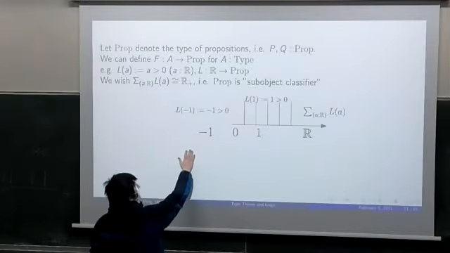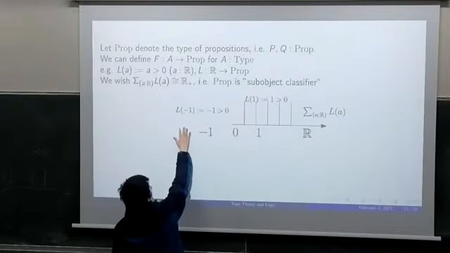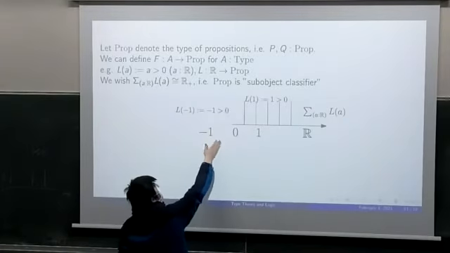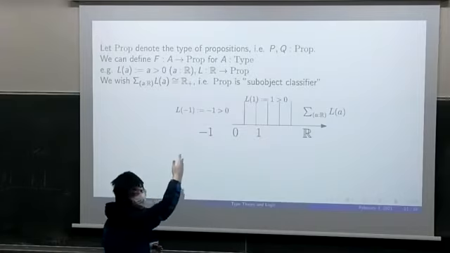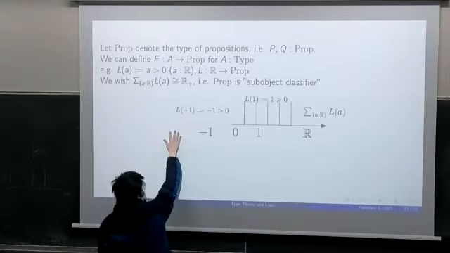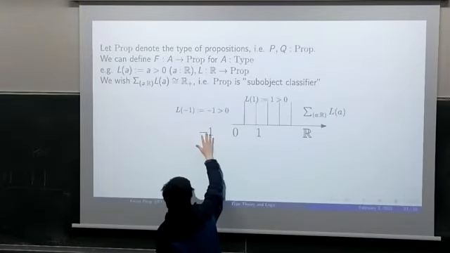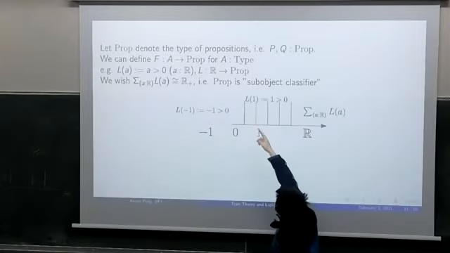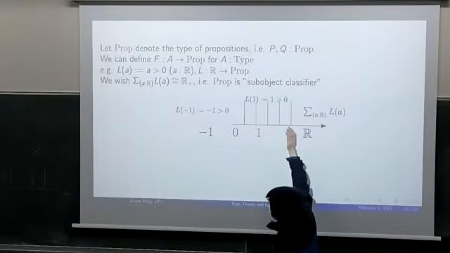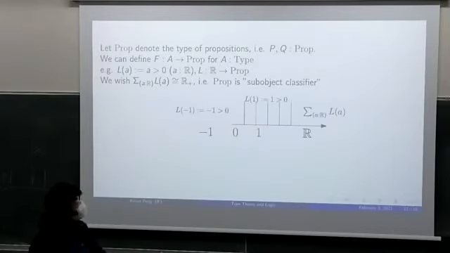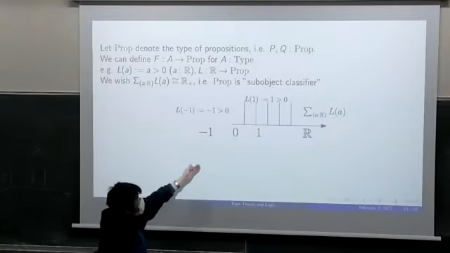When it comes to the negative part, the fiber is a proof of a negative number being larger than 0, so we cannot find anything. The fibers here are all empty, so there is nothing. But when it comes to the positive part, every fiber has a point, a proof of the positive number being larger than 0, so we can find something. So it's kind of similar to R plus.